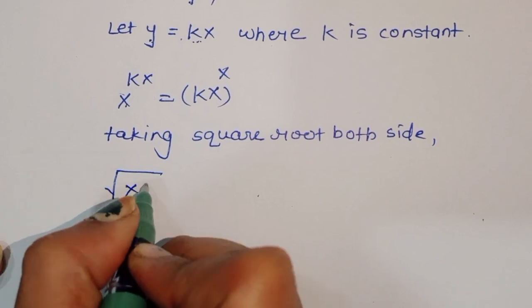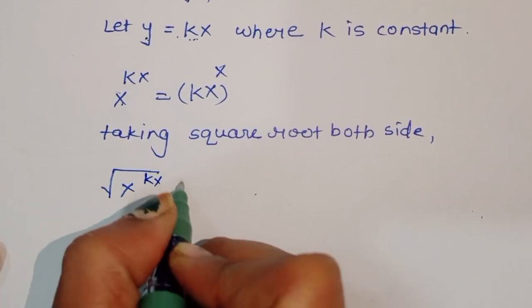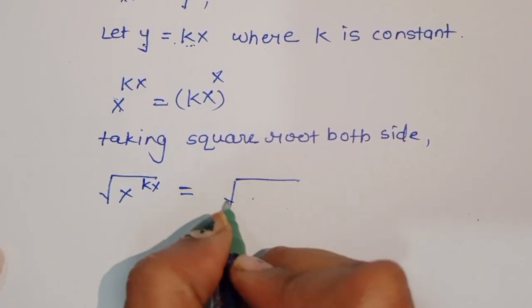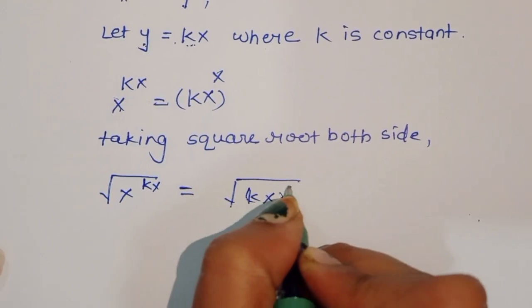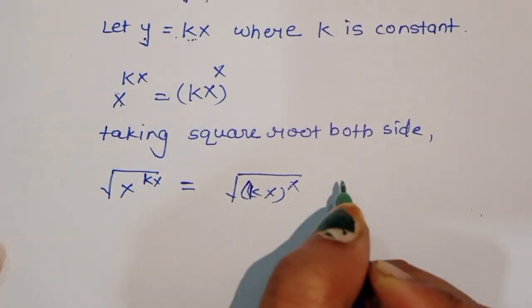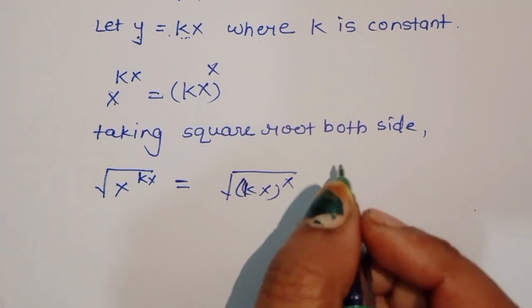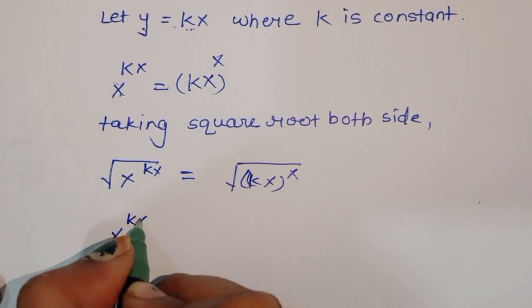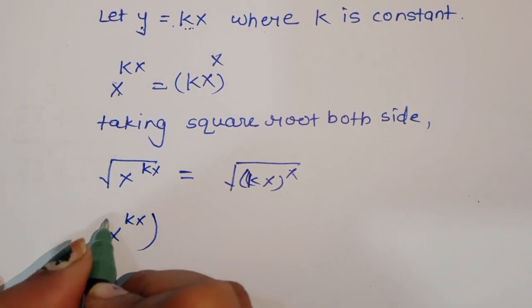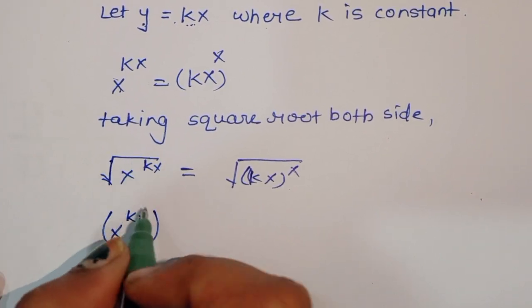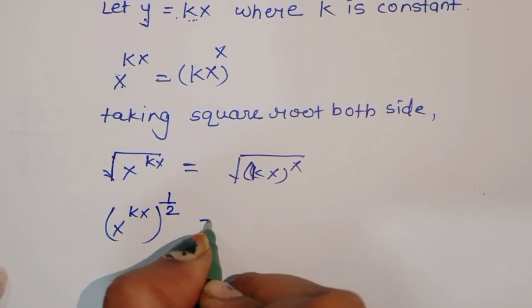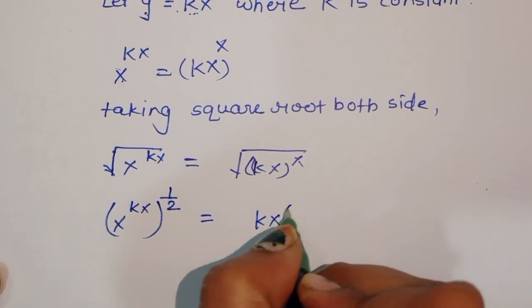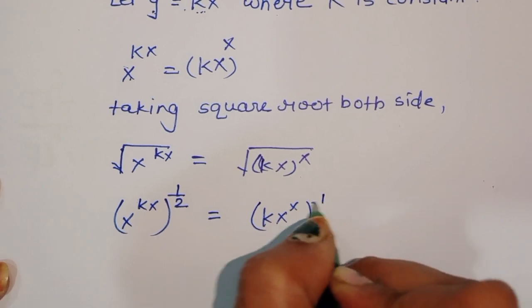Square root of x raised to kx is equal to square root of kx raised to x. Now we can write this as x raised to kx, raised to 1 by 2, is equal to kx raised to x, raised to 1 by 2.